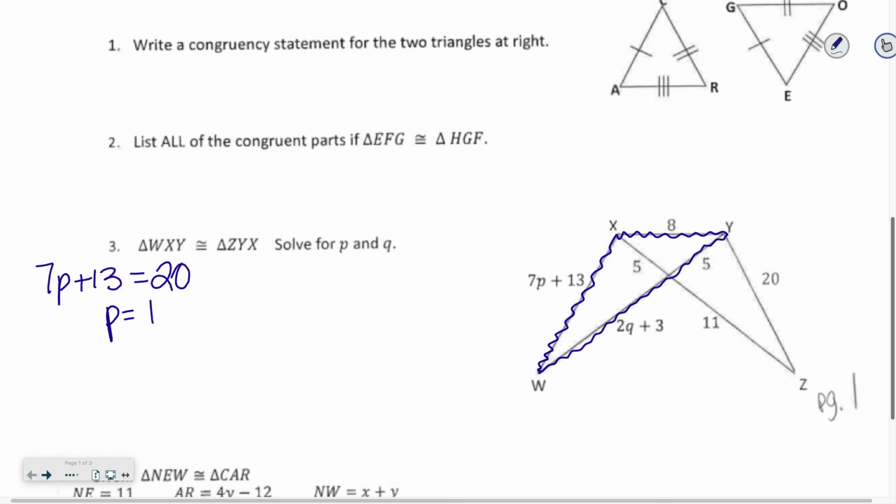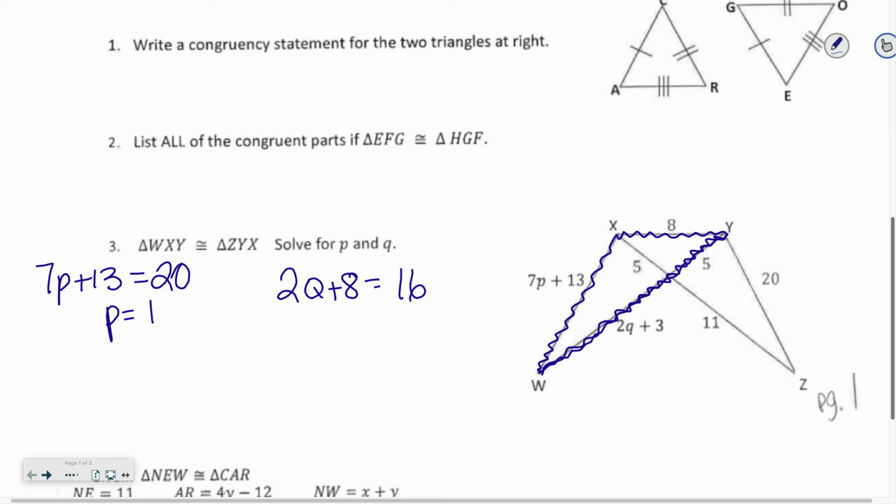Now there's 2 ways you could have set up Q. You could have said 2Q plus 8 equals 16. And the reason I did 2Q plus 8 is if I use this entire side right here, that's 2Q plus 8, because 5 plus 3 is 8.